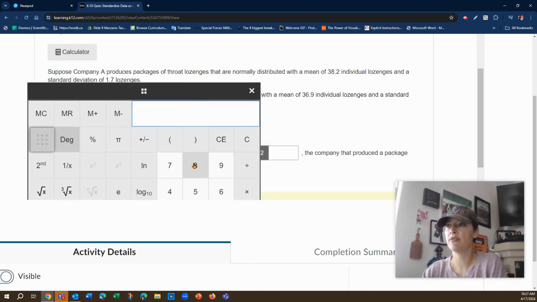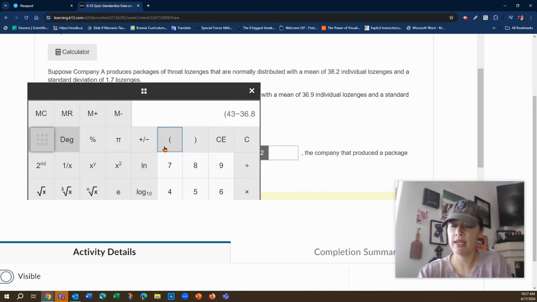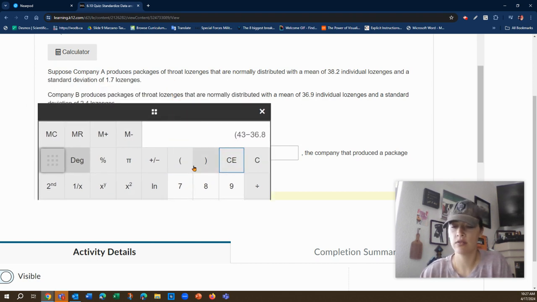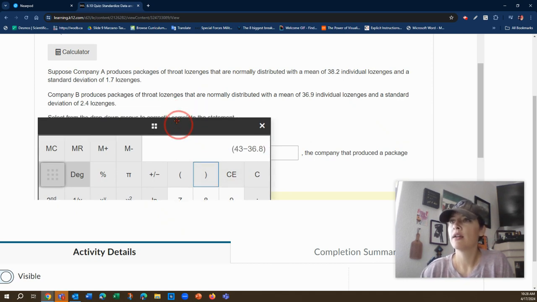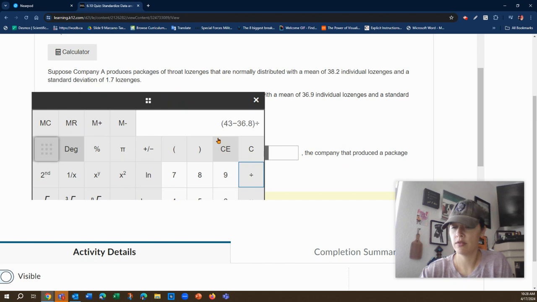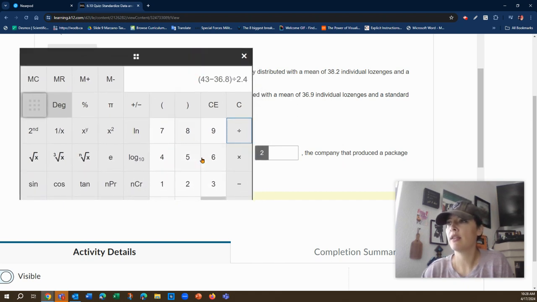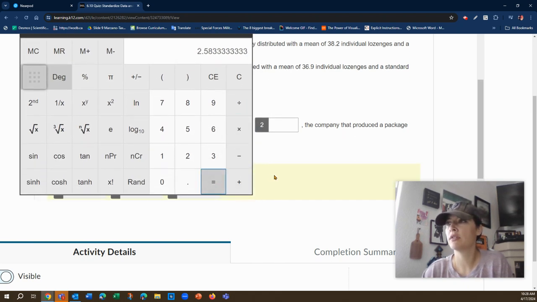So now we have (43 minus 36.9) divided by 2.4, and that is equal to 2.58. That's company B. Okay, cool.